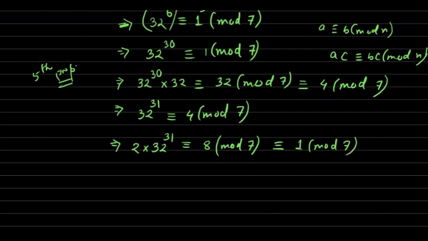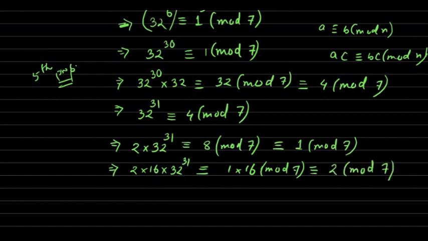Now we need 32, so we can multiply 16. Yeah, we can multiply 16 on both sides. 2 into 16 into 32 raised to the power 31 is congruent to 1 into 16 mod 7, and this will give me 16. 16 can be written as 2 mod 7.